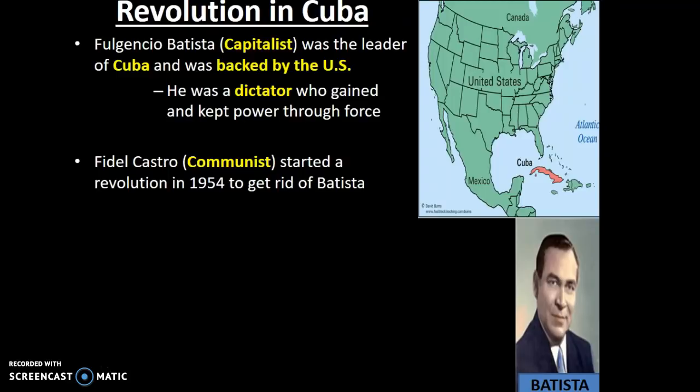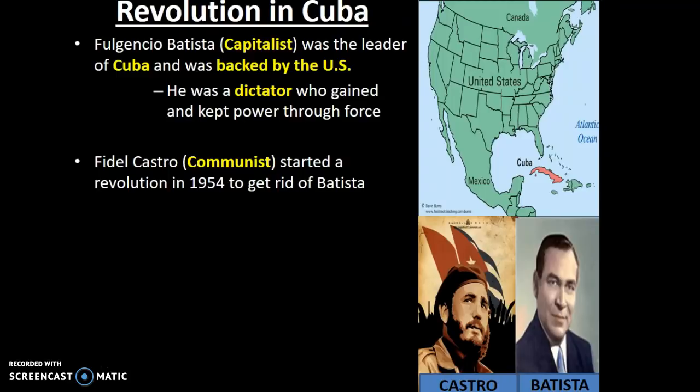Because he didn't have a lot of support from the Cuban people, that pretty much allowed another guy by the name of Fidel Castro to gain a lot of popularity in Cuba. Fidel Castro is a communist, and so he promises a lot of economic equality for the poor. But he also promises to get rid of a lot of the unfair governmental practices that Fulgencio Batista has been using.